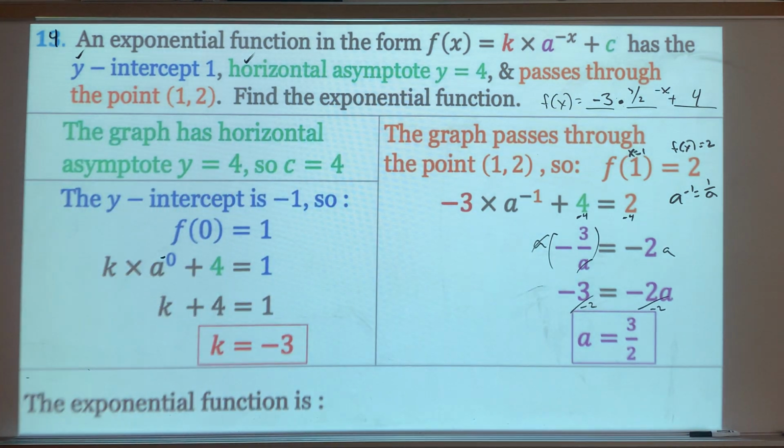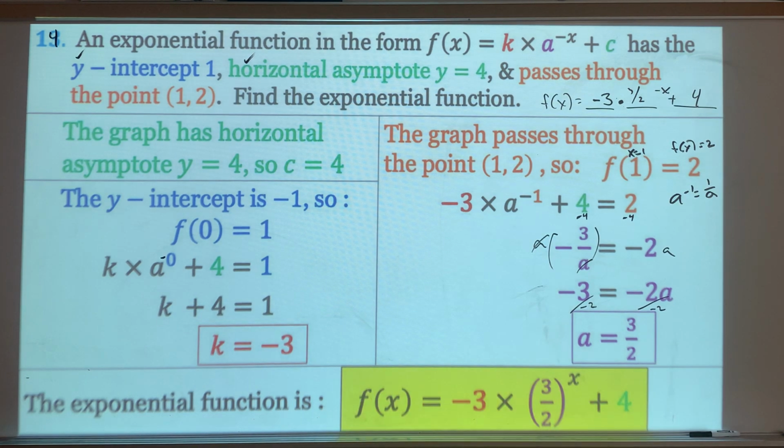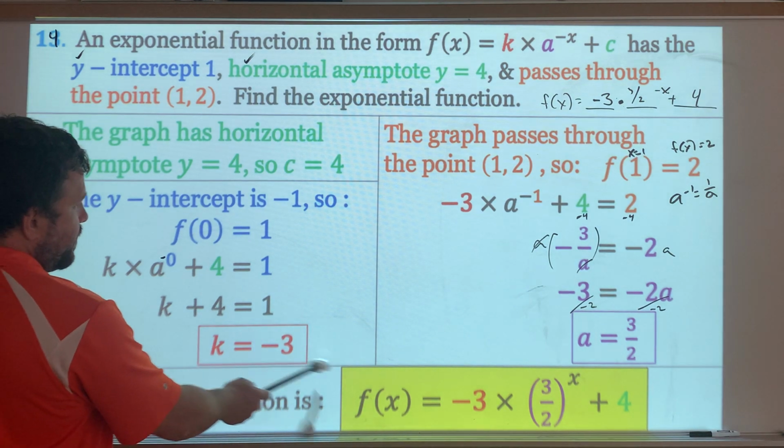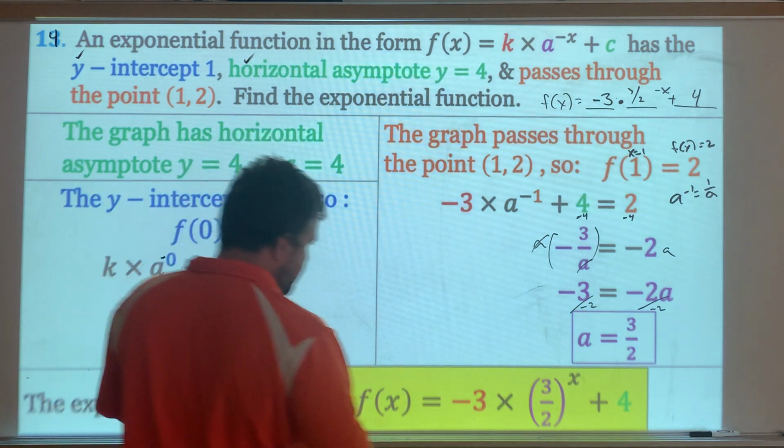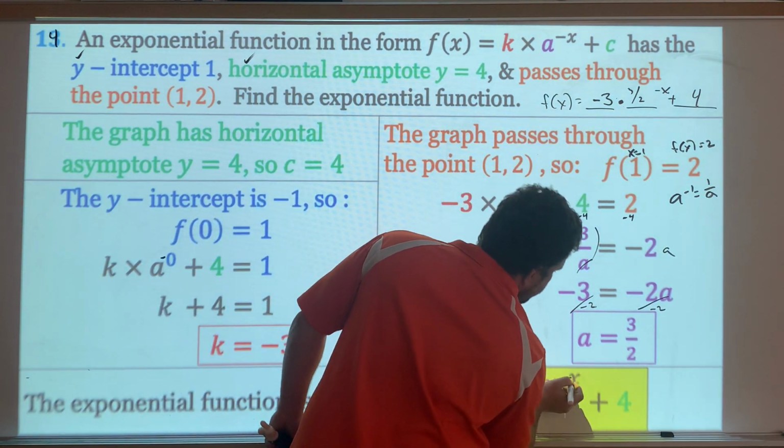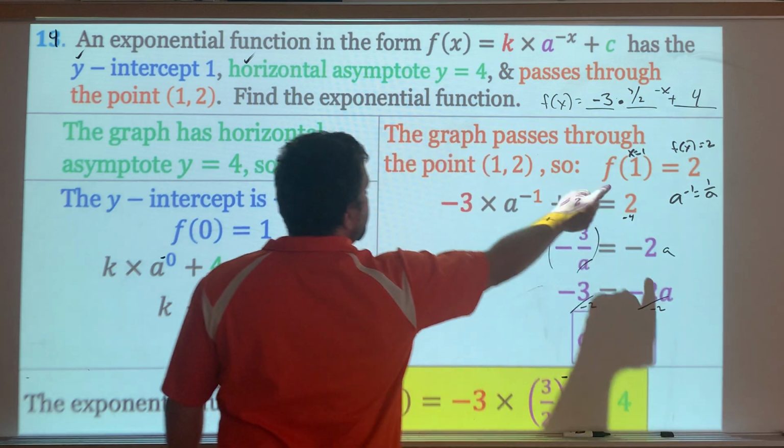So, the exponential function, therefore, must be f of x equals -3 times 3/2 to the negative x power, plus 4.